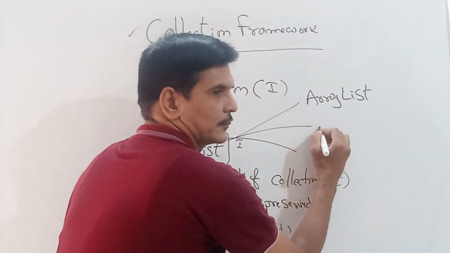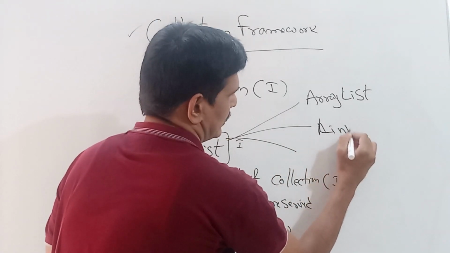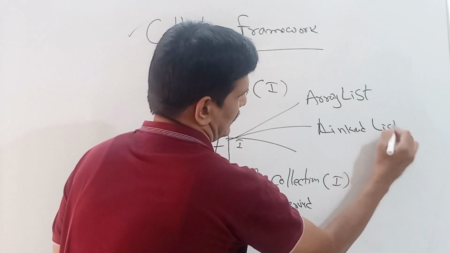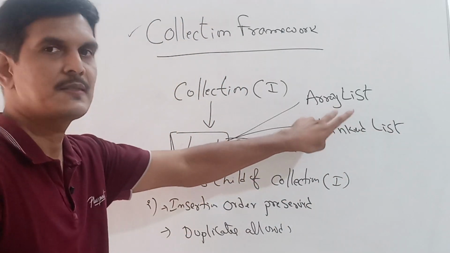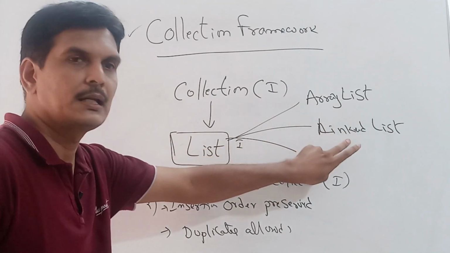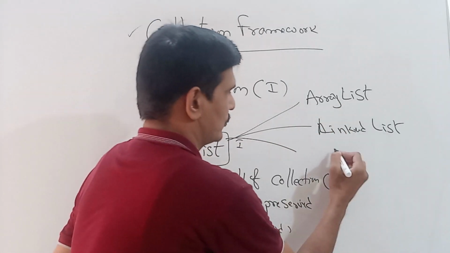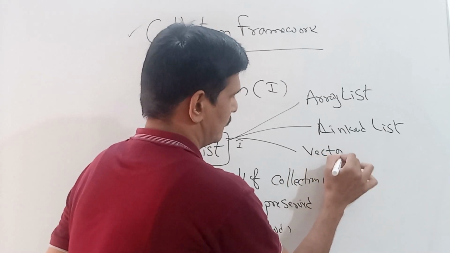The next one is LinkedList. This is another class which implements the list interface. ArrayList is one class, LinkedList is another class, and we also have something called Vector.